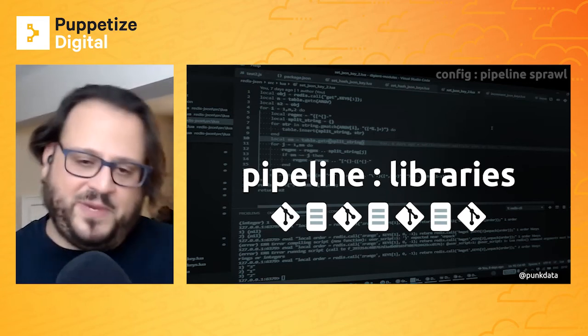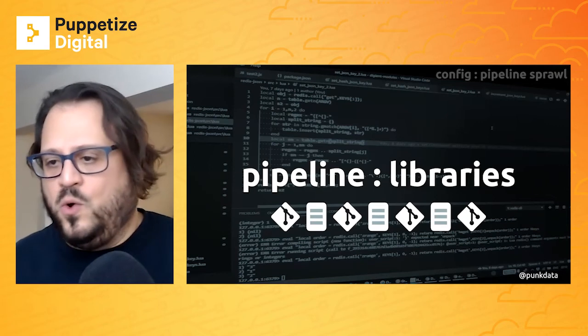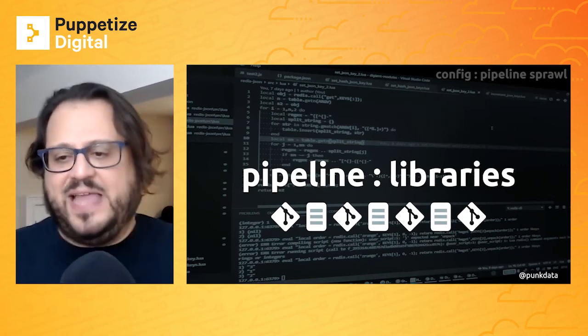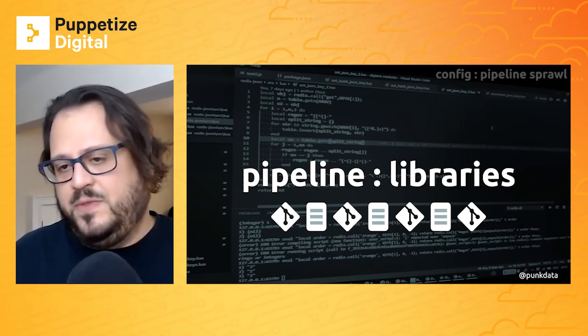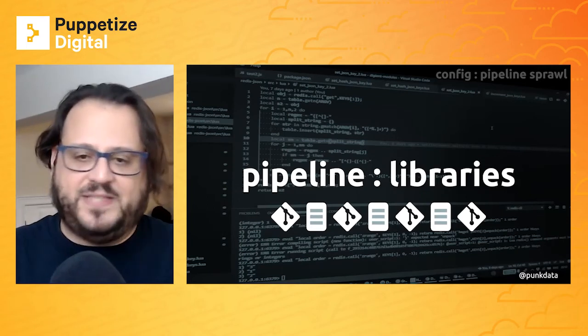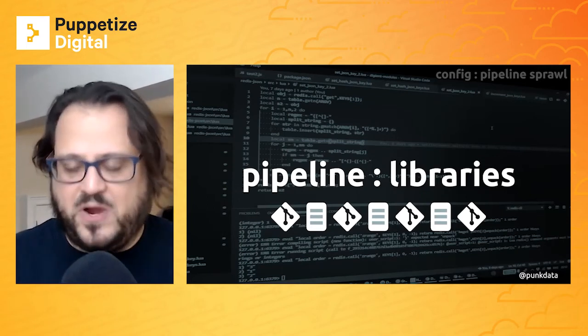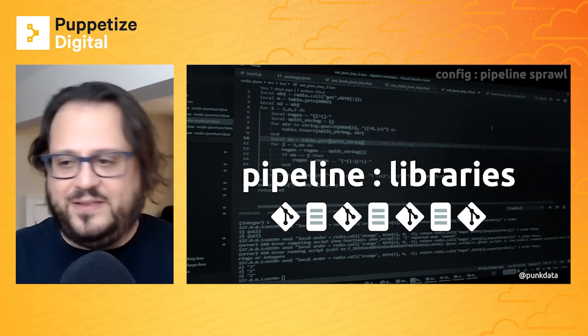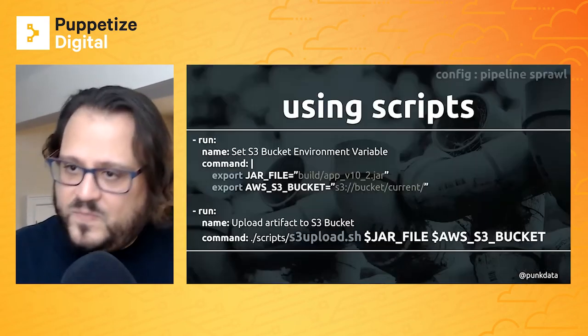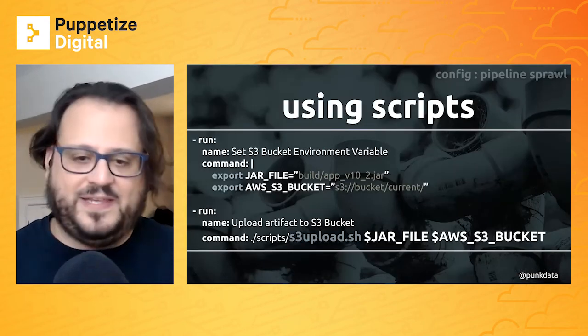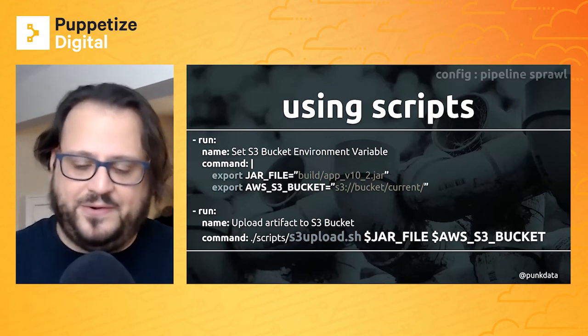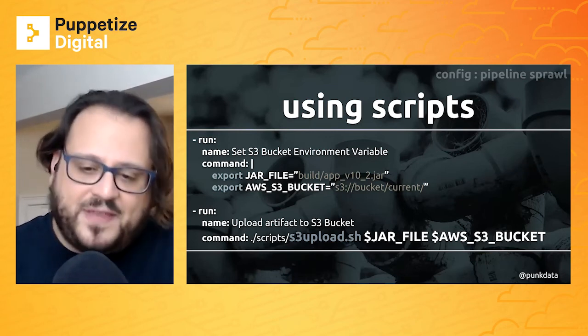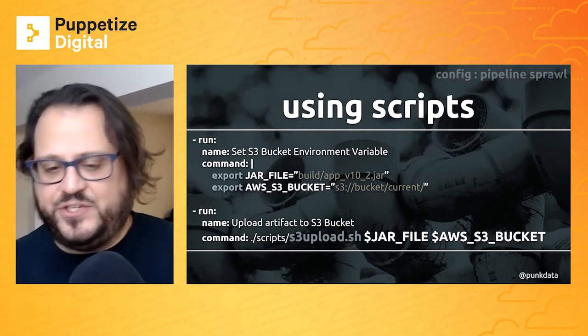So it could be something like Groovy or some other domain specific language that the vendor or the project maintainers have built for that specific project. And those help, right? Those are fine. But what you really want to be doing is something like this, where you're creating either shell scripts, Python scripts, whatever language, right? You shouldn't be locked in.